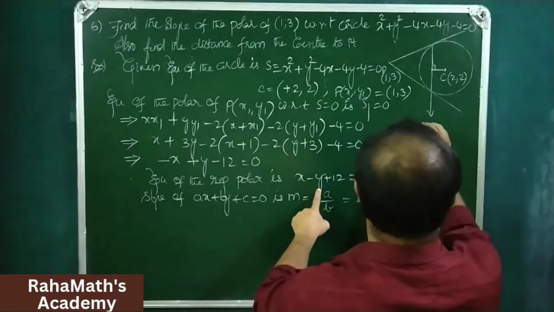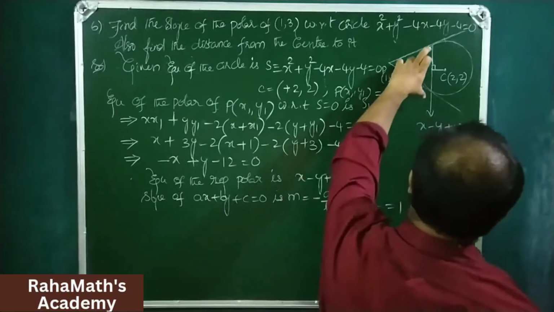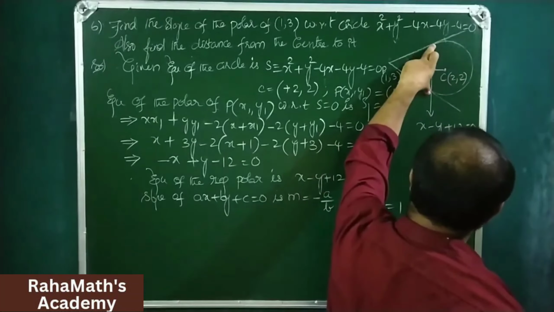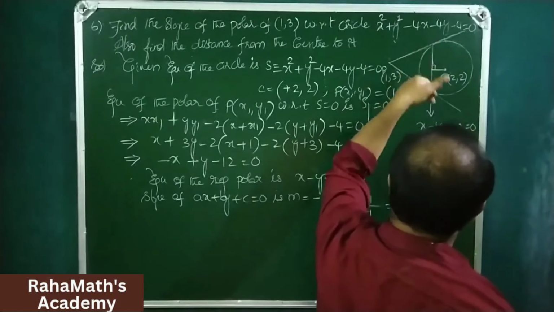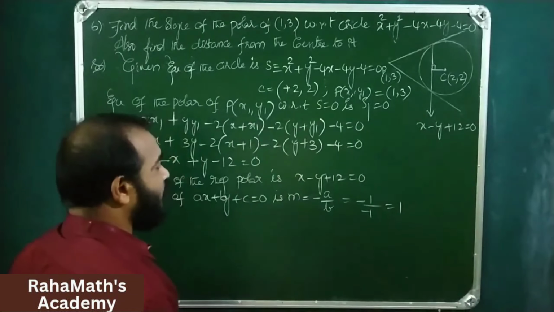x minus y plus 12 equals 0. What is the distance from the point P(x1, y1) to the line? The distance is the modulus of the perpendicular distance: |ax1 + by1 + c| divided by the square root of a square plus b square.